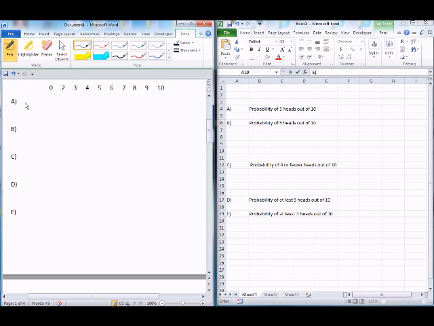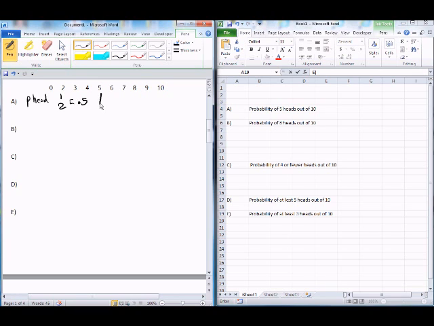So on a coin, what's the probability of getting a head? The probability of getting a head is 1 out of 2 sides. The decimal equivalent to this is 0.5. So it's always good to know the probability of the outcome that you want. The probability of a head is 0.5.